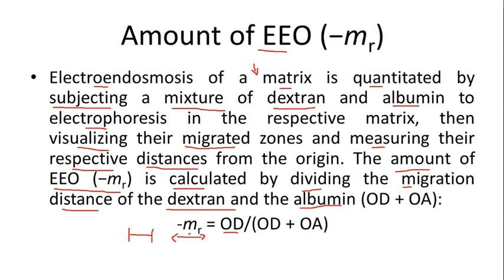If the value is very low, you get good separation. If the value is too high, the matrix contains a huge amount of electroendosmosis factors.